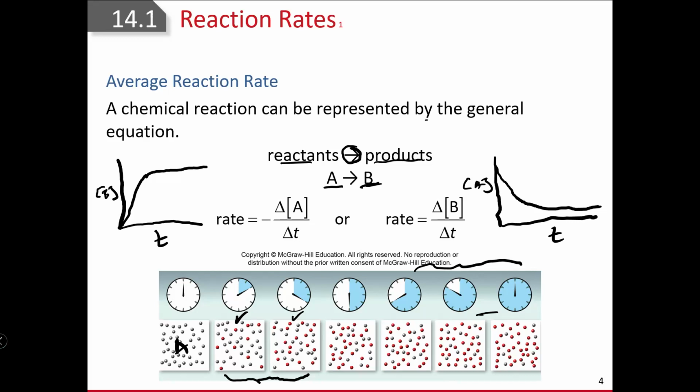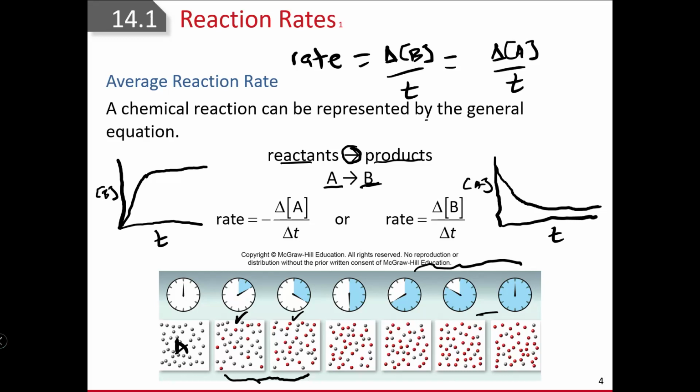So the overall rate of this reaction can be written two ways. One is we can say it's the change in the concentration of B over time. And the other way is we could say the change in concentration of A over time.